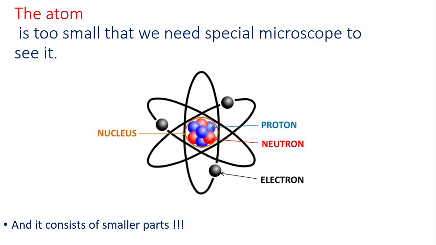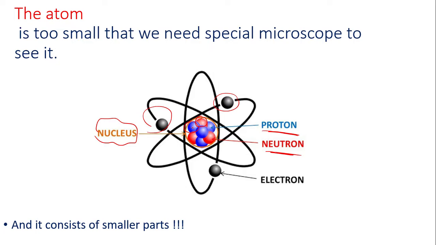And a surprise for you: even the atom consists of smaller particles inside. In the atom, the core, the heart in the middle, we call the nucleus. The nucleus is the area where I have two particles.